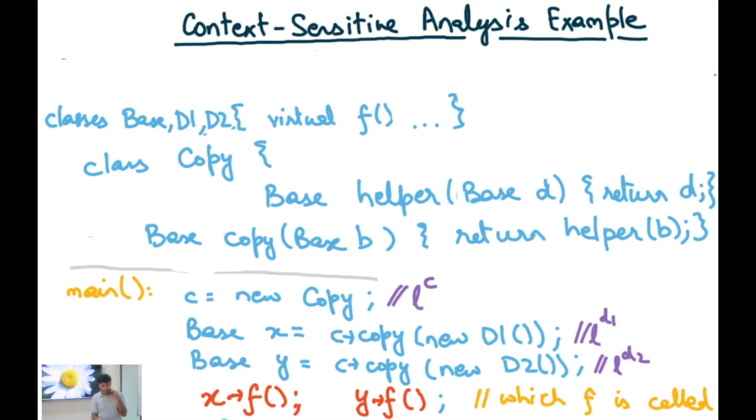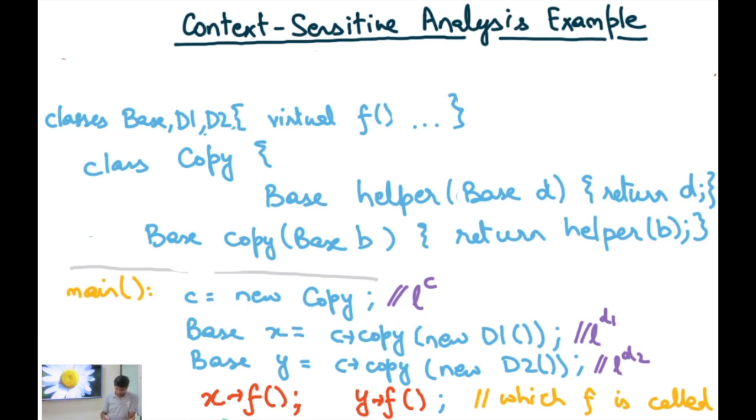And helper does what copy was originally doing, which is just returning the reference to the input argument D. Now notice that all I have done is increase the depth of my call stack by introducing another helper function that helps copy. Because of that, my call context depth of size 1 will be insufficient, as I'm going to show you.